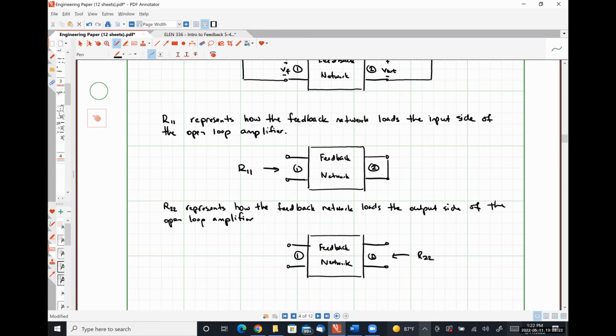Now, one last thing that we can do by analyzing our feedback network is to determine our feedback factor K, which will absolutely come into play as well.